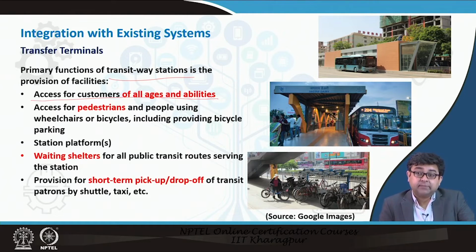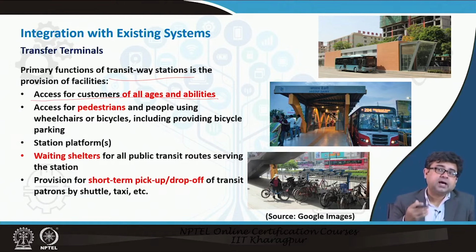You have to have ramps so that differently abled people can access these stations. Those ramps will enable even able-bodied people to carry their luggage to the station. It will help people of older age to change levels if your station has multiple levels. So, all of these are functional elements that have to be taken care of by each of these stations.